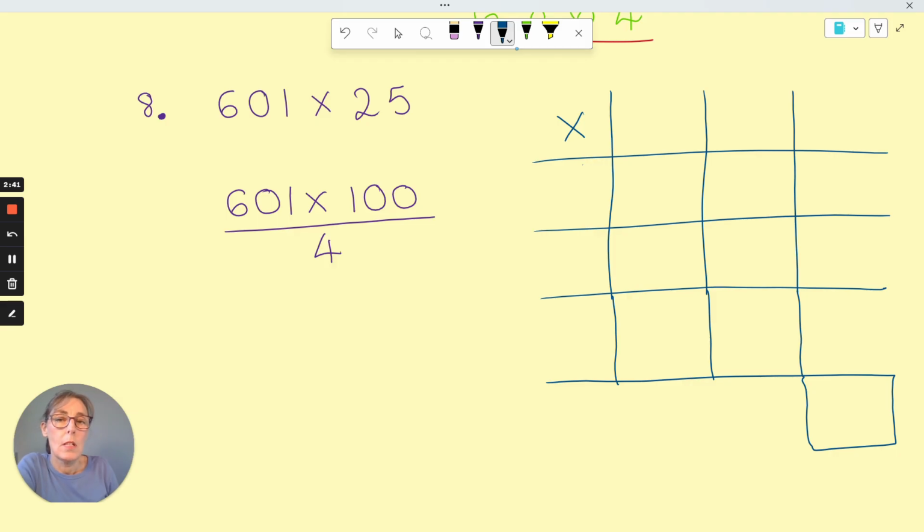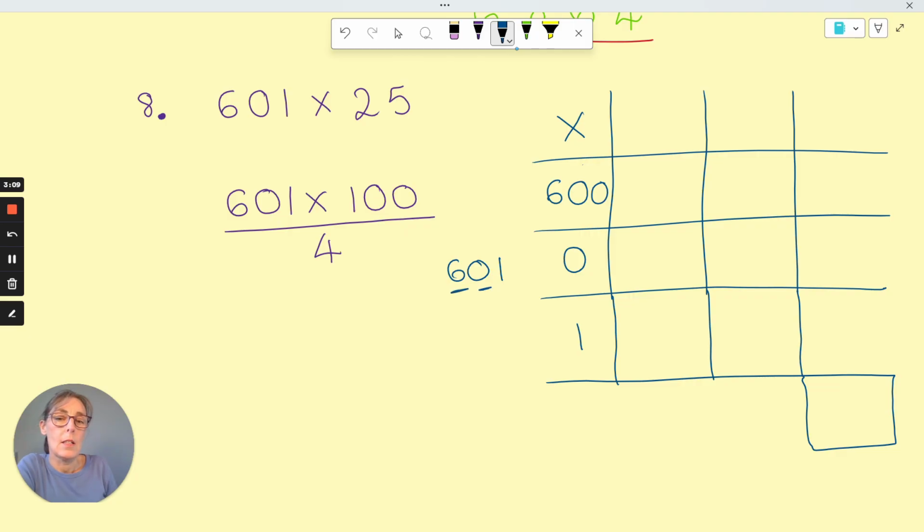So we could also do this long multiplication. So I'm going to put 601 here. We've got hundreds, tens, and ones or units. So actually we didn't need that section. I'll show you in a minute. So 601 is 600. That's the 600 there.